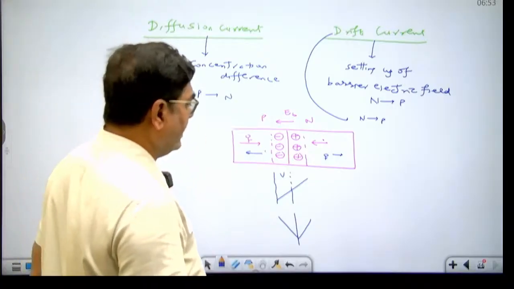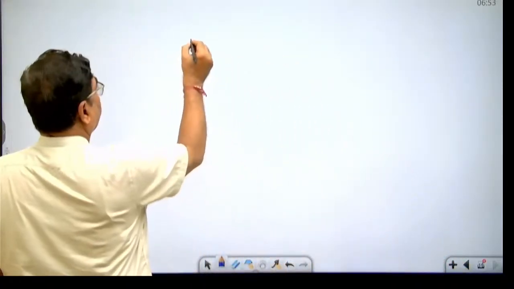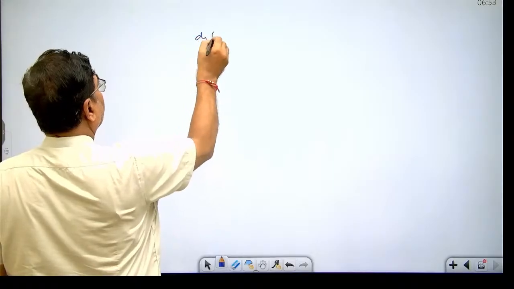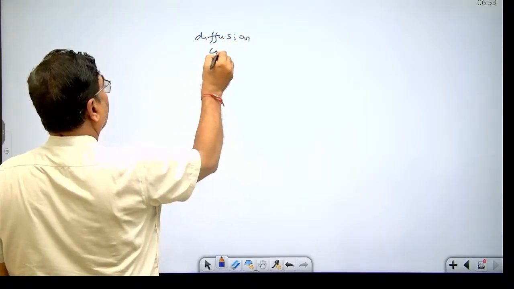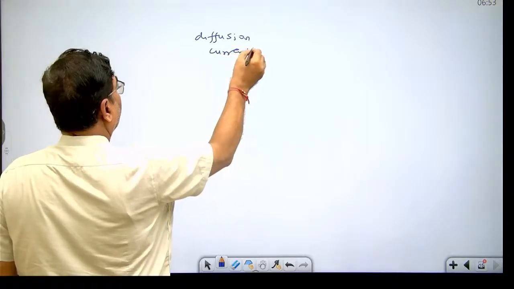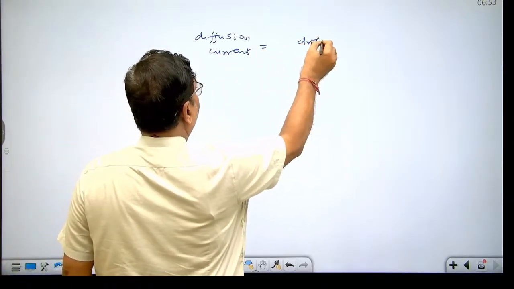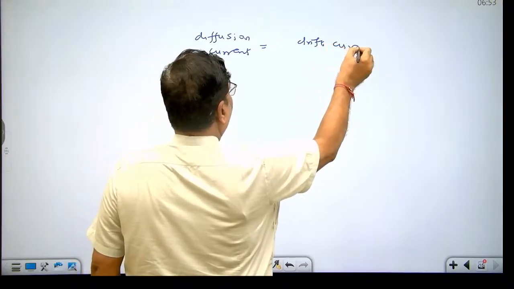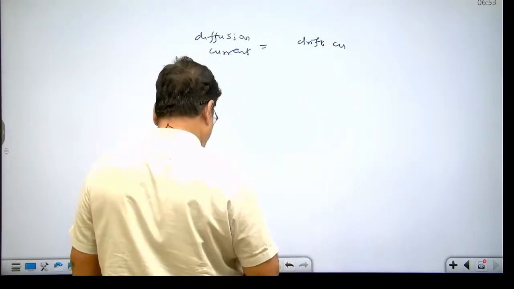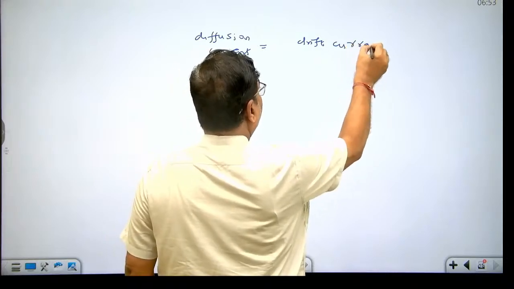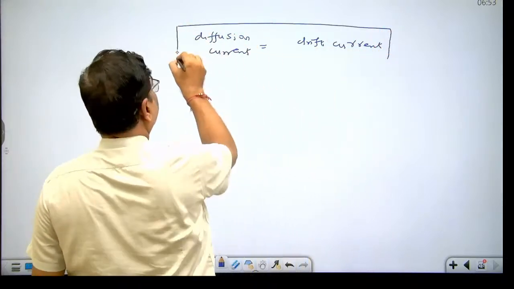So dear student, a time comes when, after some time, diffusion current becomes equal to drift current. When diffusion current becomes equal to drift current, then PN junction is formed.